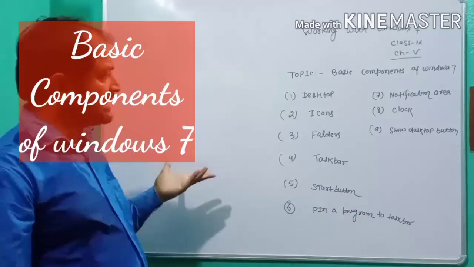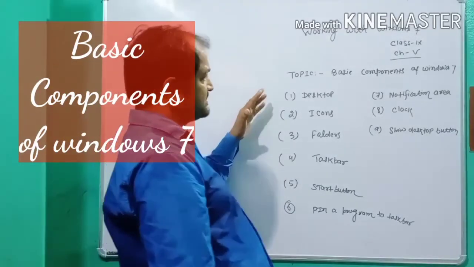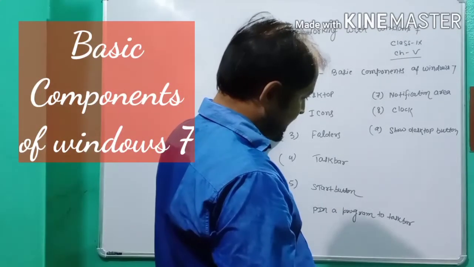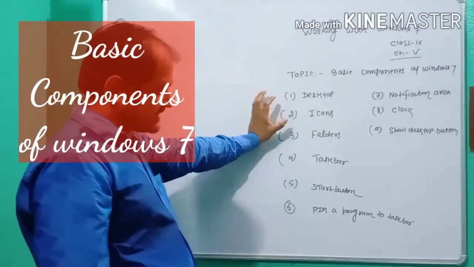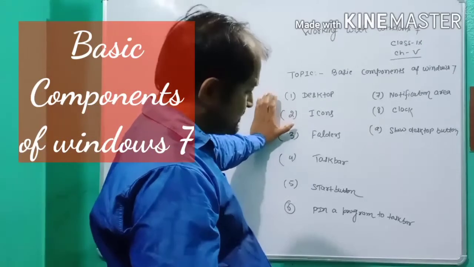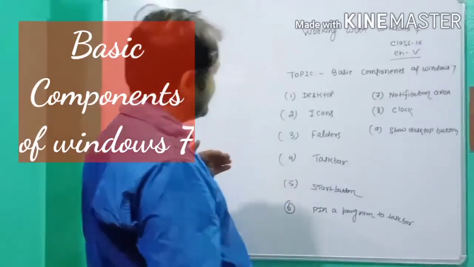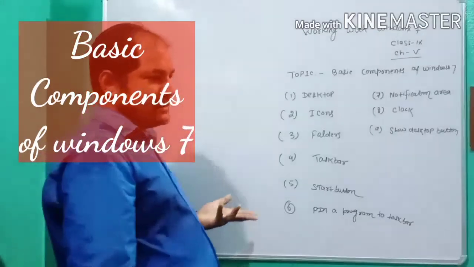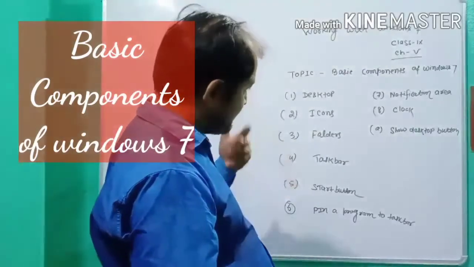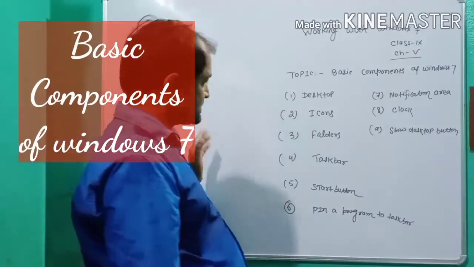The desktop is the first thing that appears on the screen. Desktop icons are small graphical images on the desktop that represent various application programs, files and folders.